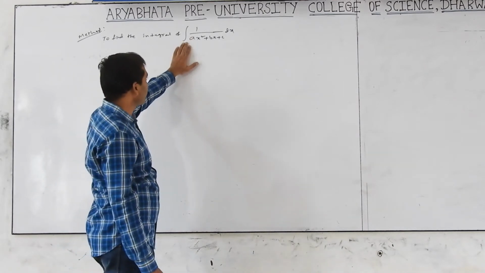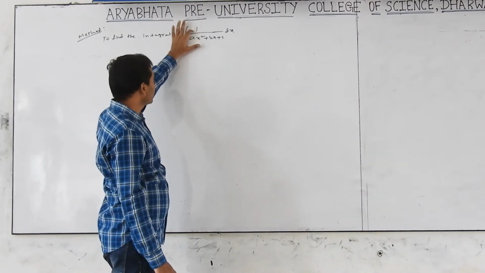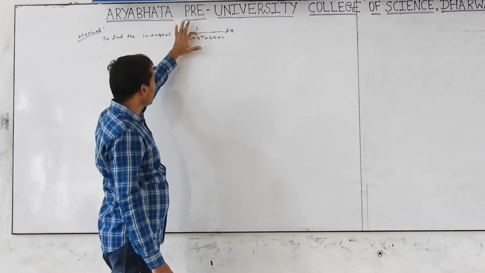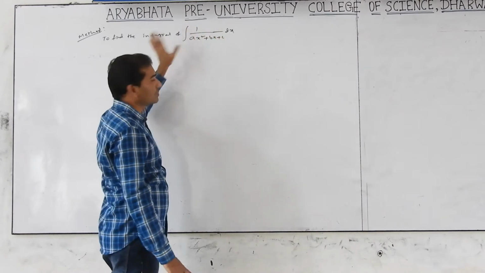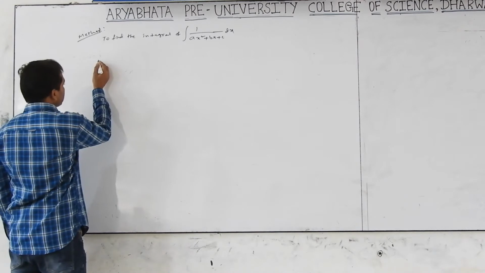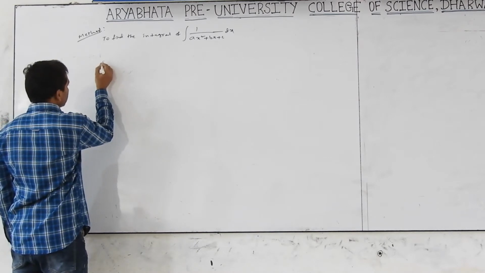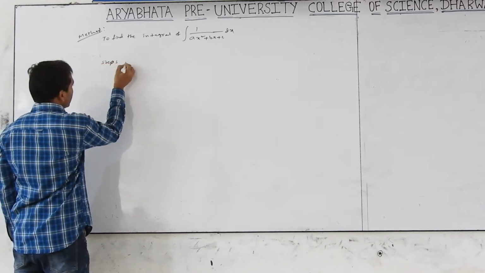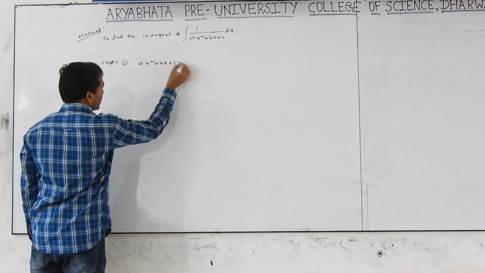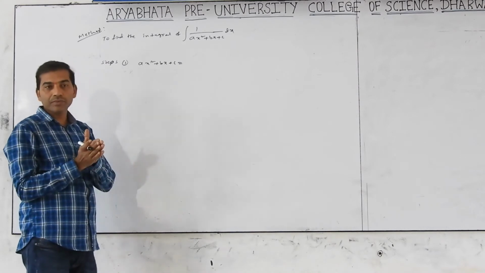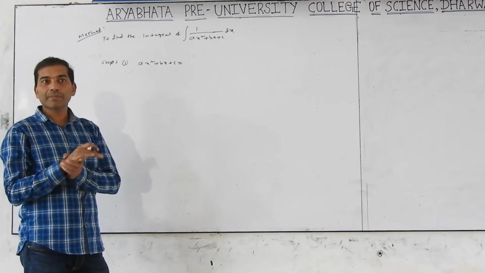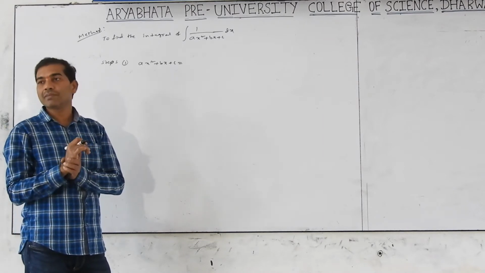So in this type of question, the numerator is dx, just 1 dx, and the denominator has no variable in the numerator, only a constant. The denominator is a quadratic expression. If it is this, the way of solving is in steps. Step 1: convert ax square plus bx plus c into the form x square plus a square, or a square plus x square, or x square minus a square.